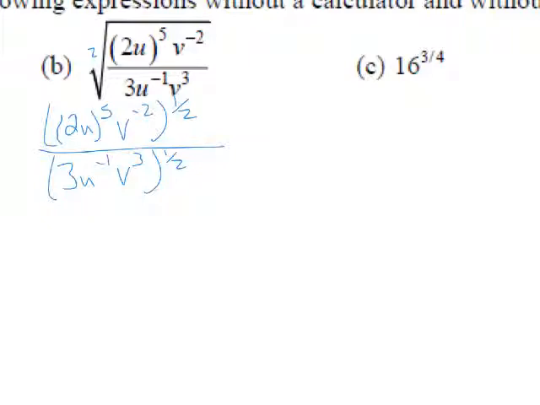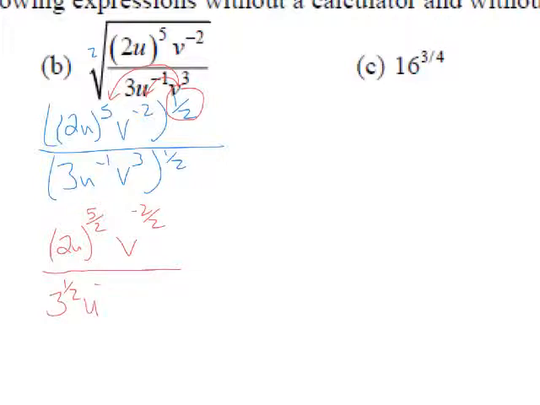From there, we can distribute our exponents in. So we want to do that wherever possible. So we wind up having 2u to the 5 times 1/2 is 5/2, and then v to the negative 2/2. If we distribute in the denominator, we're going to get 3 to the 1/2, u to the negative 1/2, and v to the 3/2.